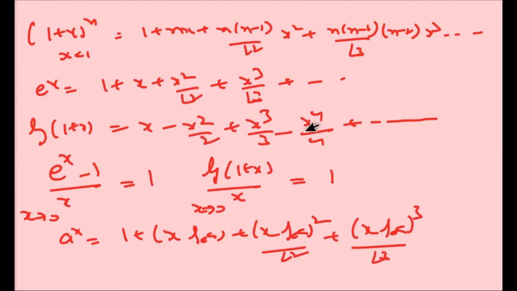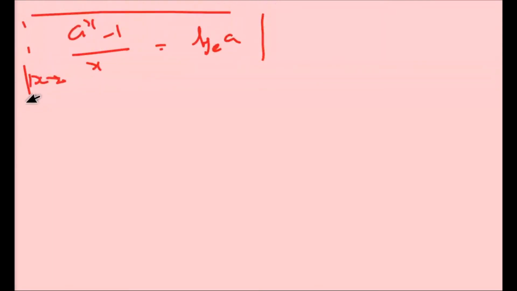Similarly this formula. Okay, and using this formula we can also say a to the power x minus 1 upon x, x tends towards 0, is equal to log e base a. So you can use this formula directly, or you can use the series and you can derive this value. Okay, now I would like to tell you some questions.